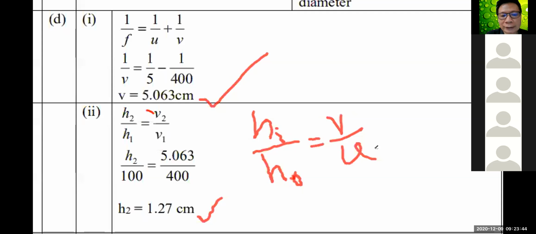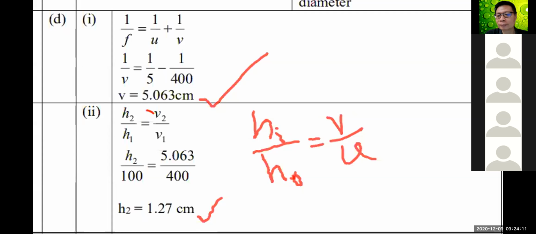Okay, the last part. They ask you, what are the characteristics of the image formed by a camera? Do you know or not? The image formed inside the camera, what are the characteristics? Ho Wan Yin, come out please, you're keeping silent so long already.